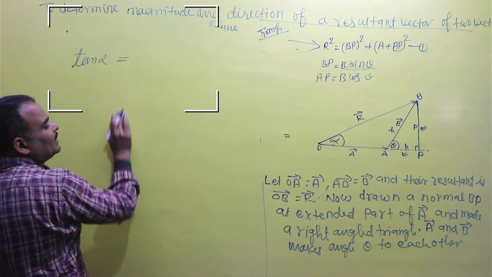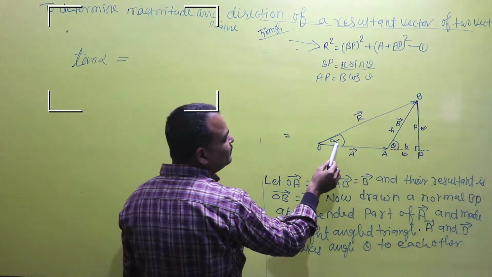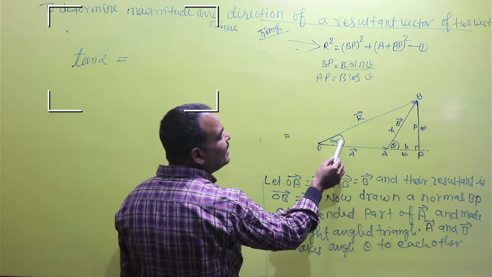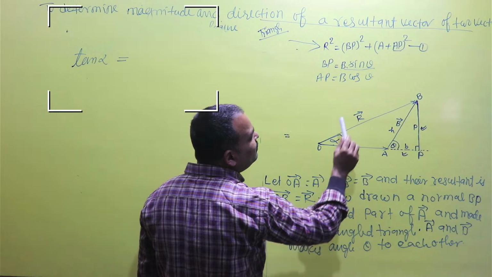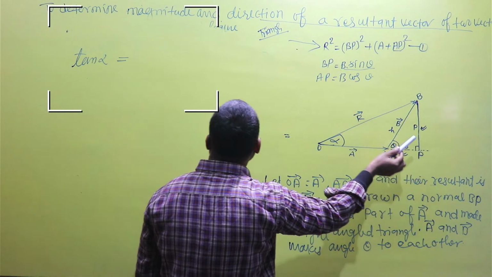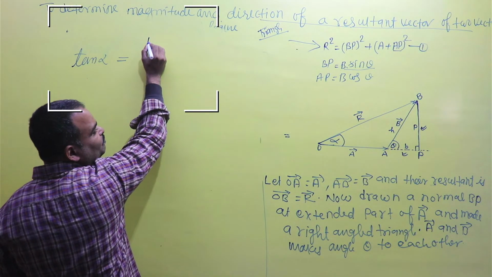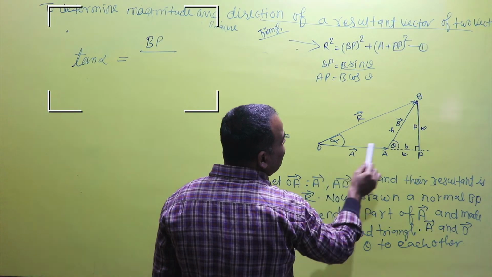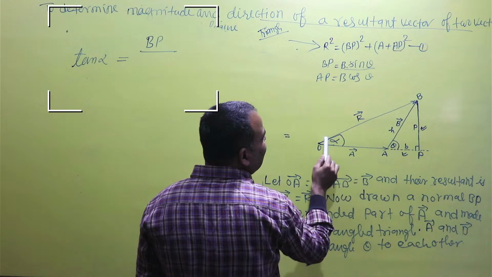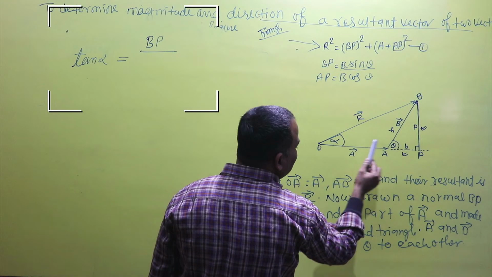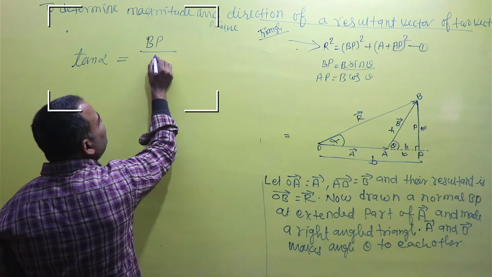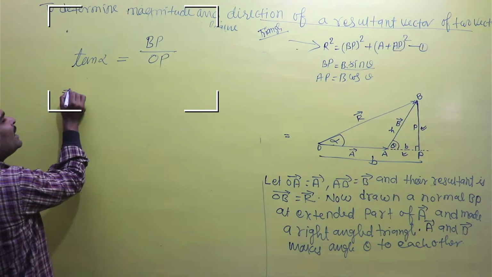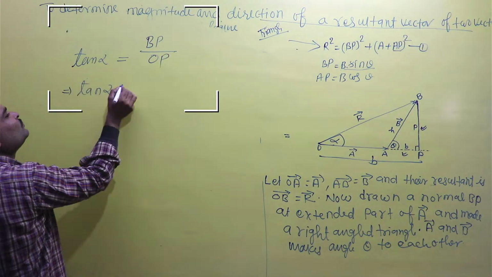And tan alpha is equal to, here alpha is acting as the angle and the front side of the angle is P, so tan alpha is equal to P by B, that means BP by OP.